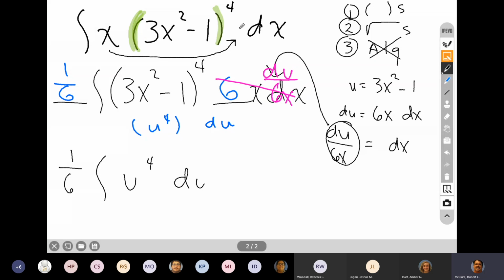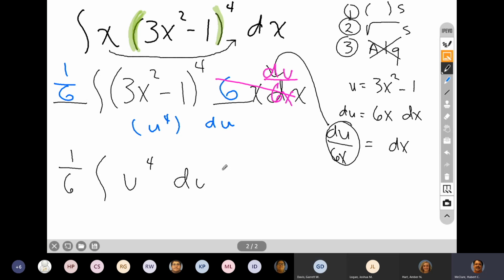So what is the antiderivative of u to the 4th? Power rule. What's the antiderivative? U to the 5th divided by 5. Thank you.